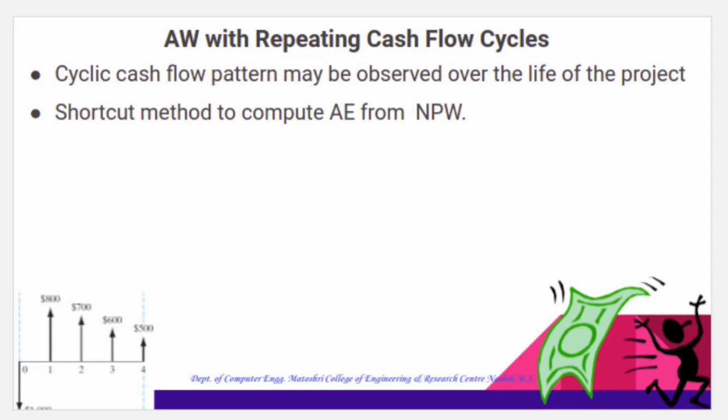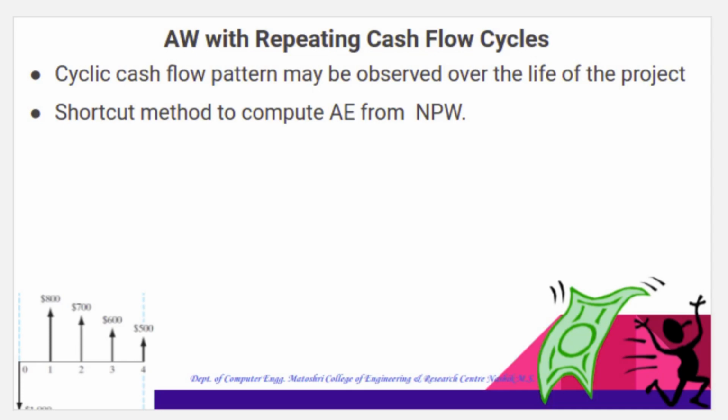Generally, in many situations, we first compute the net present worth of the entire cash flow and then calculate the annual equivalent worth, that is AE. But we can compute the AE by examining the first cash flow cycle.